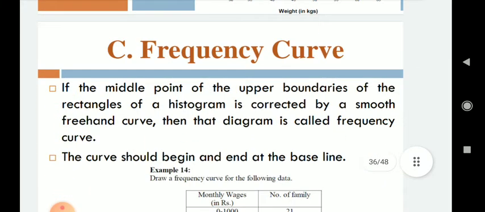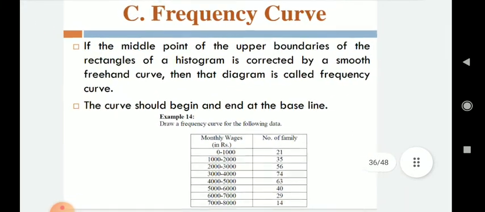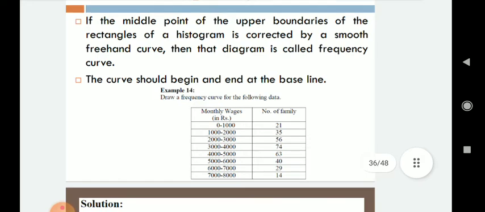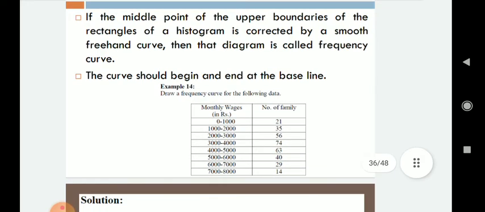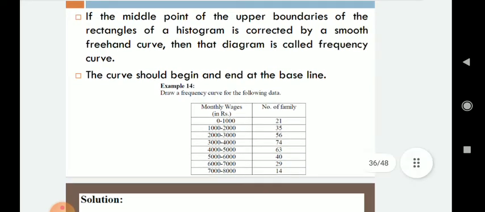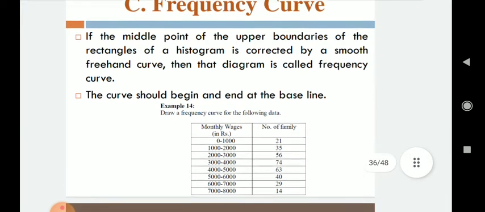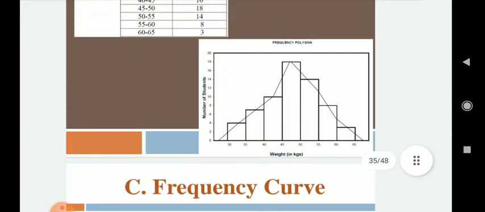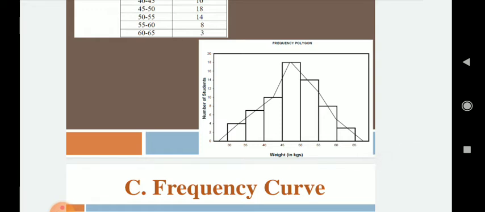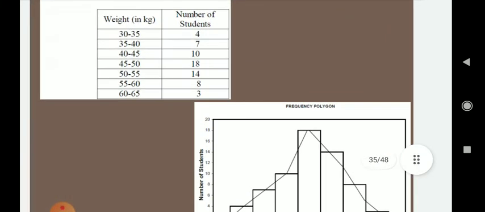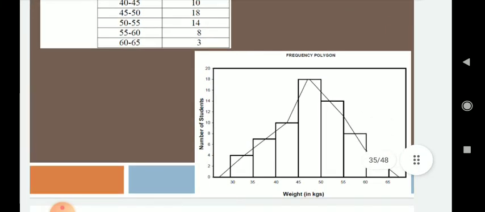Next one is the frequency curve. Now this is again similar to the earlier one. If the midpoints of the top boundaries of the rectangles of a histogram are joined by a smooth freehand curve, then the diagram is known as a frequency curve. Now this one is a frequency polygon. What have I used in this? I have used a scale and a pencil to draw.